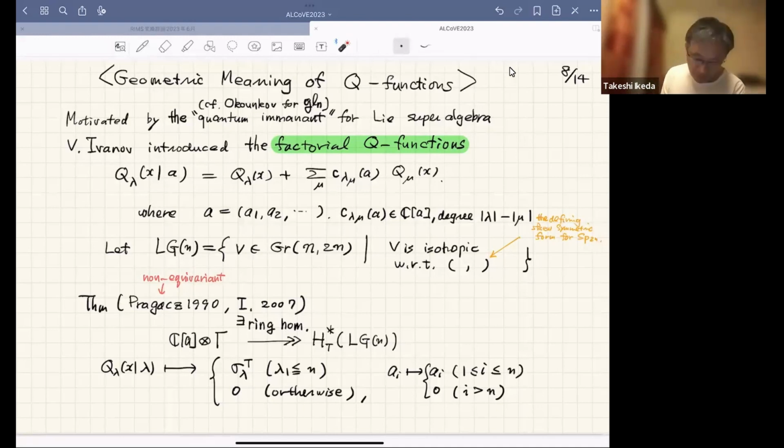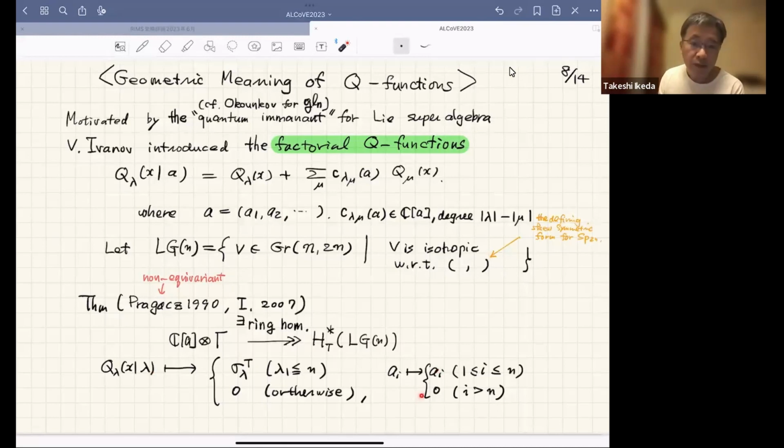That sends the factorial Q functions to the equivariant Schubert class or just zero, and the parameter gets projected this way. This is the result for the equivariant case, and the non-equivariant version of this result is given by Pragacz. This is the geometric meaning of Q functions.